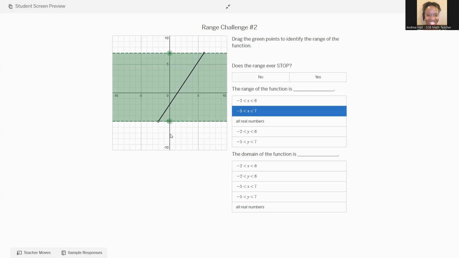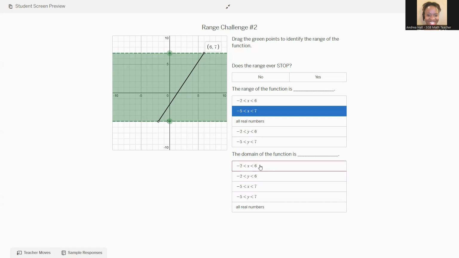And our domain, though, would go from left to right. Okay. So our domain would start at negative 5. Oh, wait, our domains are x values. So our domain is negative 2, which is where it starts, and then it stops at 6, and it doesn't include it.